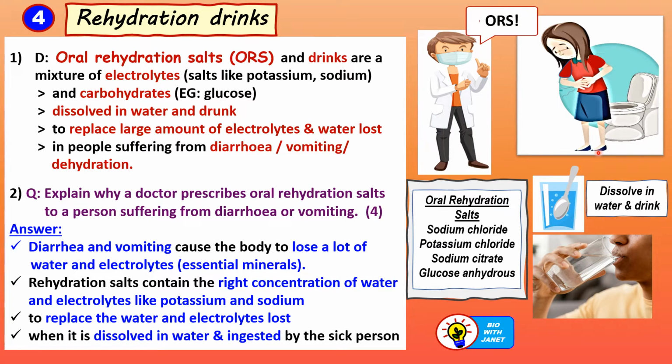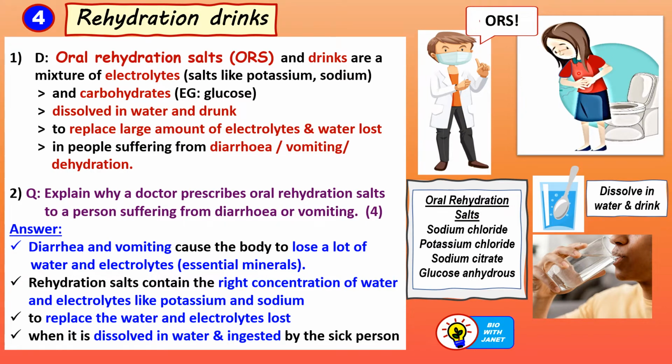So where the person has a stomach ache, that can be caused by food poisoning or by infection of pathogens and so forth. Certain types of microorganisms can also cause diarrhea, and food poisoning can also cause diarrhea or vomiting.